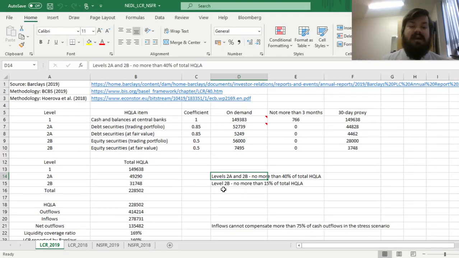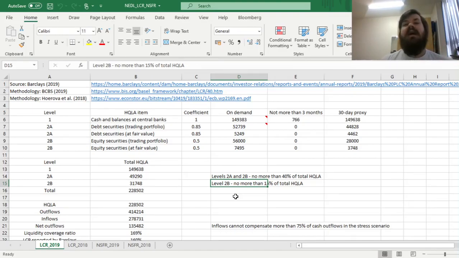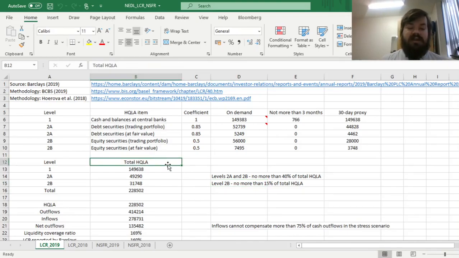At least 60% should be high quality liquid assets level 1, so basically cash, and level 2B, to be precise, so equities mainly, must not account for more than 15% of total high quality liquid assets. That provides additional restrictions on the composition of HQLA of a bank and makes sure that a large chunk of their liquidity buffer, of their liquidity pool, is realizable, being able to liquidate at its current value, at the coefficient of 1 with no haircut.